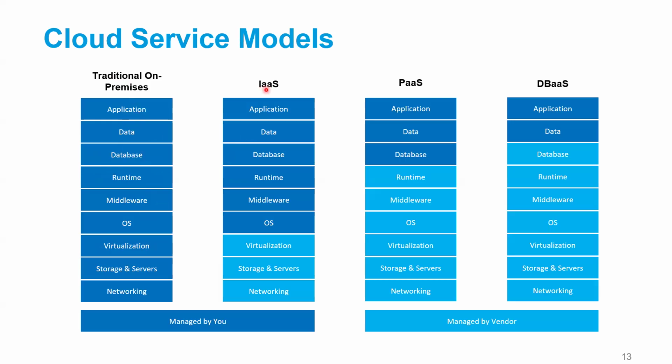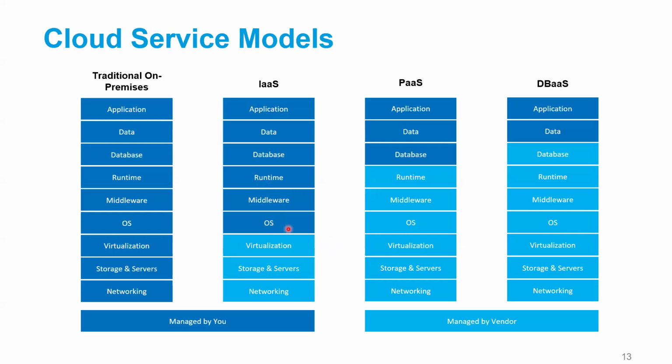Now with IaaS, networking, storage, servers, and virtualization are managed by the vendor. The physical devices are managed by the vendor. What you manage is deciding which type of operating system you need, what type of middleware, what type of runtime.